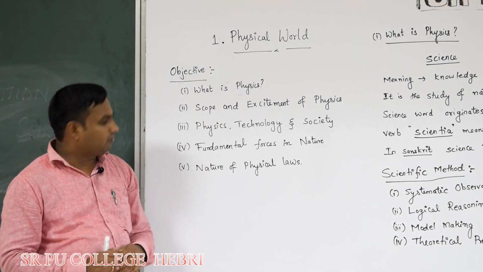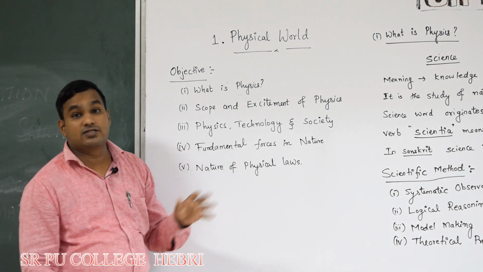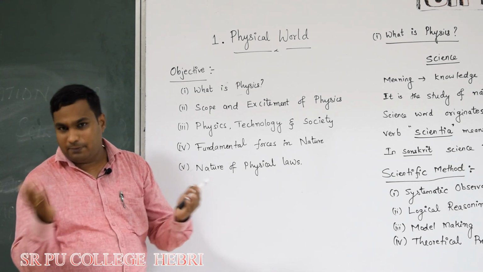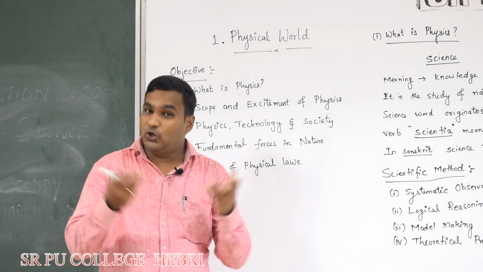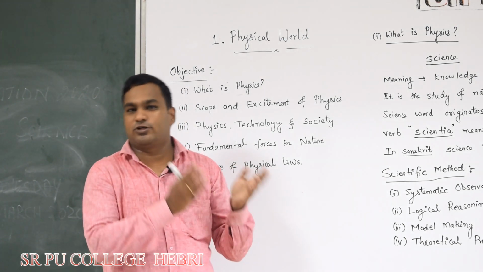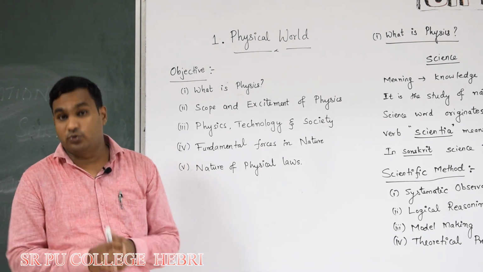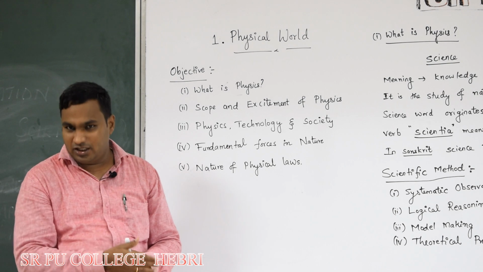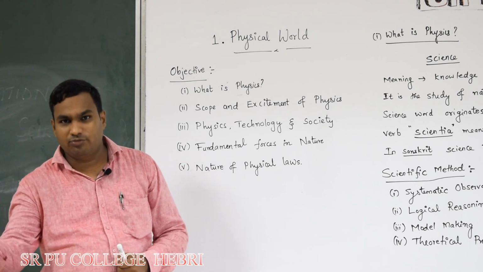And the last important objective part of this topic is nature of physical law. There are different physical laws. For example, we can think of Newton's universal law of gravitation and Newton's laws of motion. You learn Newton's first law, second law, along with the third law. Again, in electricity, you learn Ohm's law, along with the different laws we learn related to waves, such as Maxwell's electromagnetic wave theory.